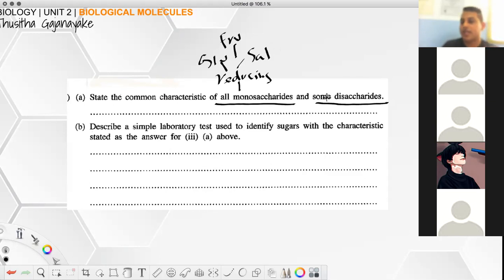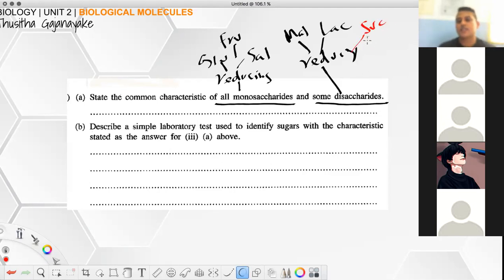They didn't say all disaccharides. Why is that? Because reducing power is only preserved in maltose and lactose. But sucrose is not a reducing sugar. State the common characteristic of all monosaccharides and some disaccharides: they are reducing sugars. They have reducing power.